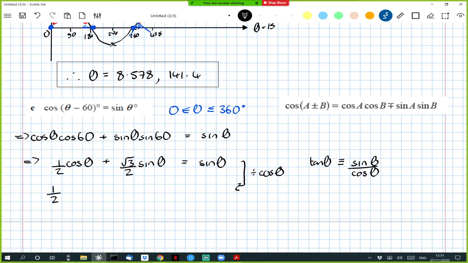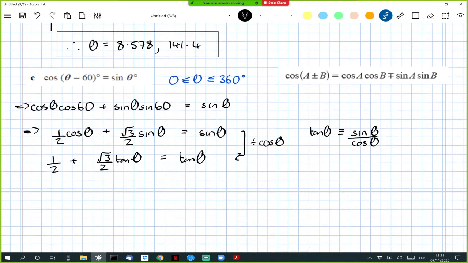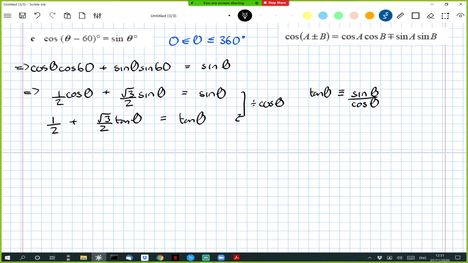Divide this term by cos θ, it becomes tan θ, equals, again, sin θ over cos θ is tan θ. So we'll keep going like that, which implies, let's get all the tan thetas on one side now. So a half equals tan θ, take root 3 over 2 tan θ.